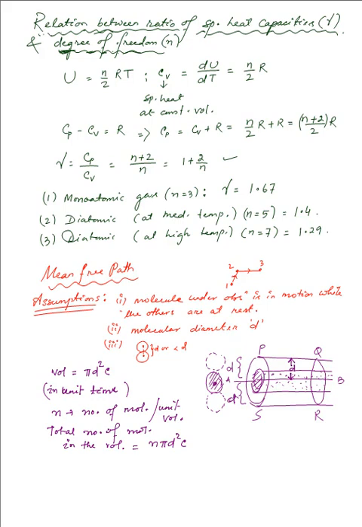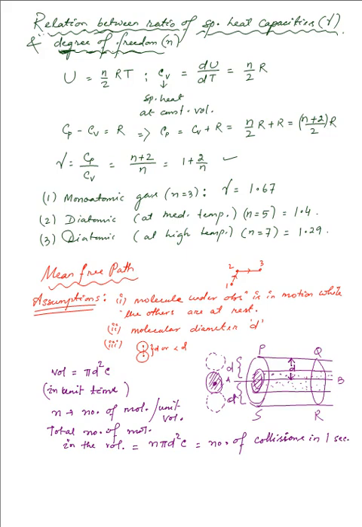Now the number of collisions that will be taking place in 1 second will be equal to the number of molecules, which is also equal to the number of collisions possible per unit time, that is in 1 second that we are considering.